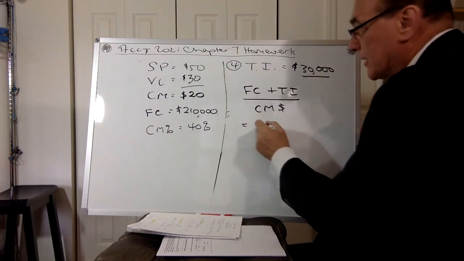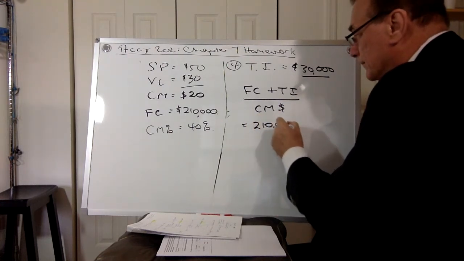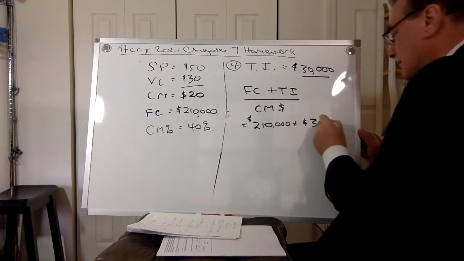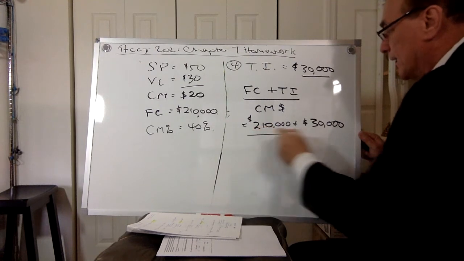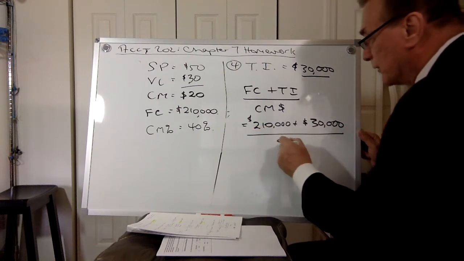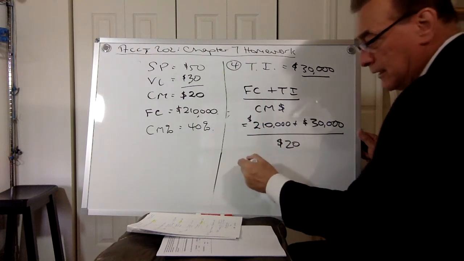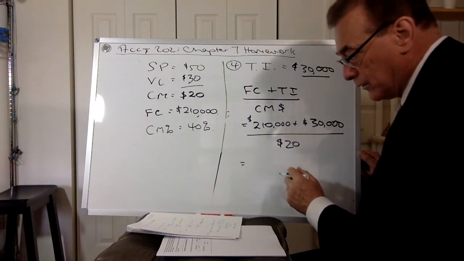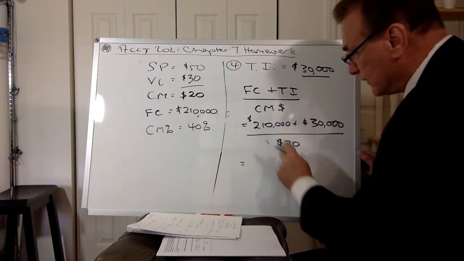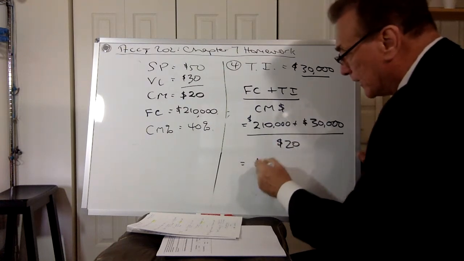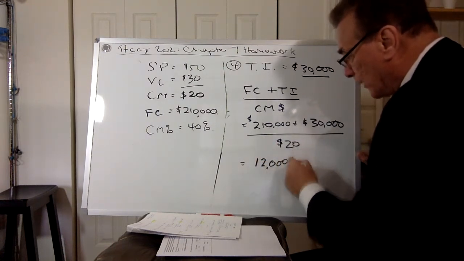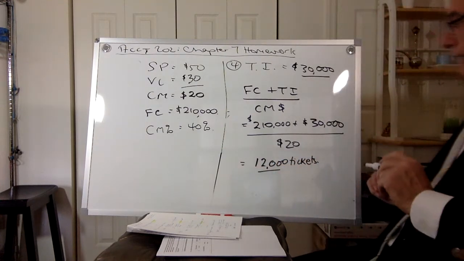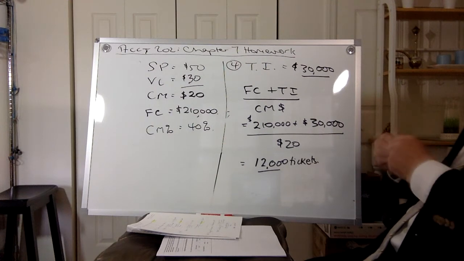So that's fixed cost of $210,000 plus the target income of $30,000, divided by the contribution margin of $20. That gives $240,000 divided by 20. So if they sell 12,000 tickets per month, they make a profit of $30,000.